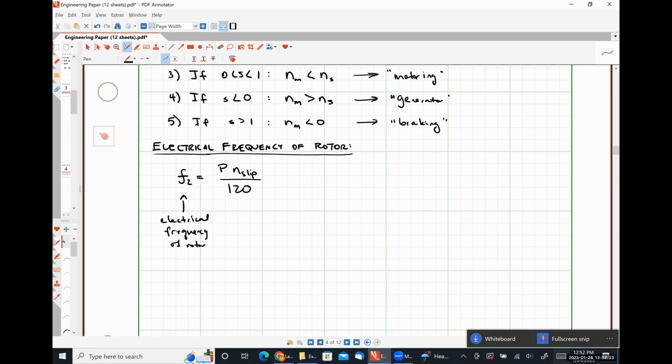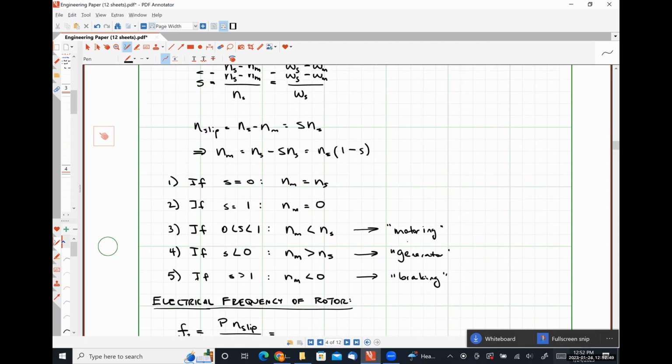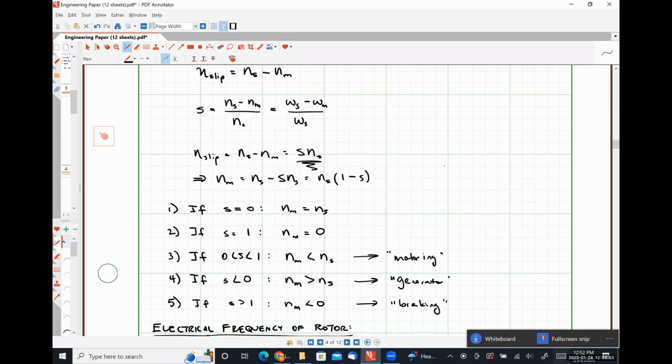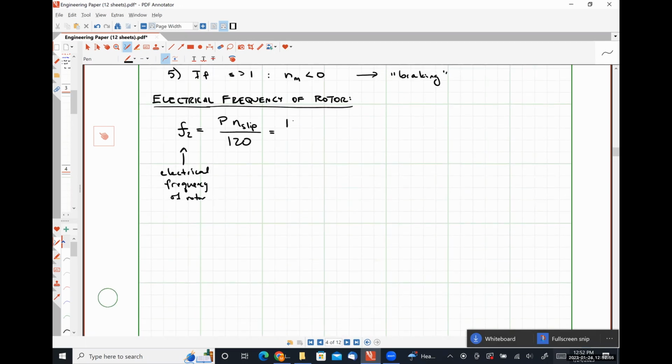This is literally just our equation for synchronous speed rearranged to give us frequency instead of speed, okay? Well, since N slip is Ns minus Nm, or s times Ns, which we just dealt with here, this is our number of poles times our slip times our synchronous speed divided by 120.